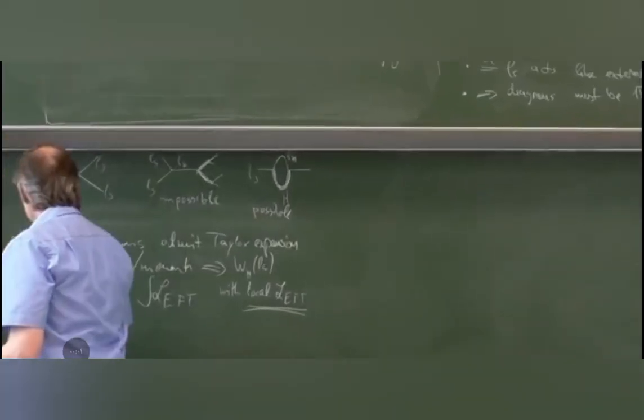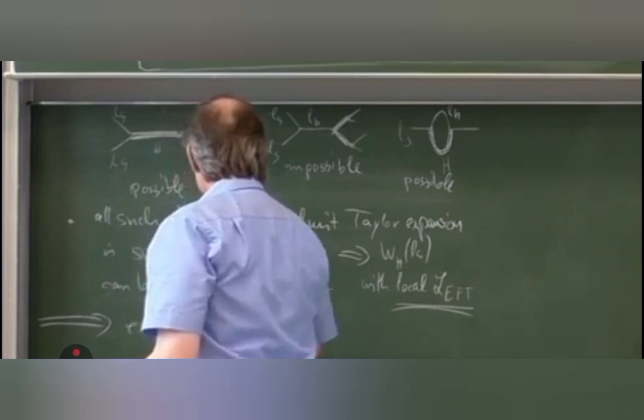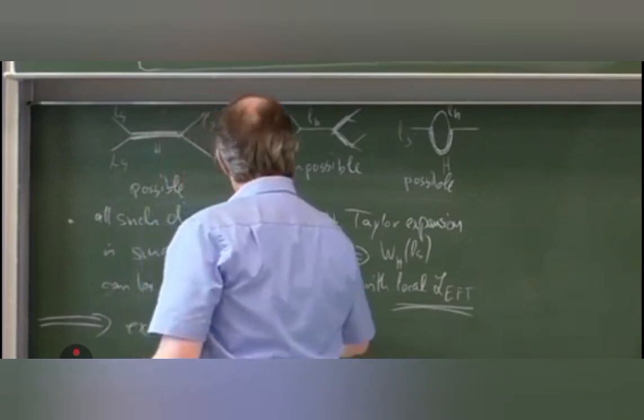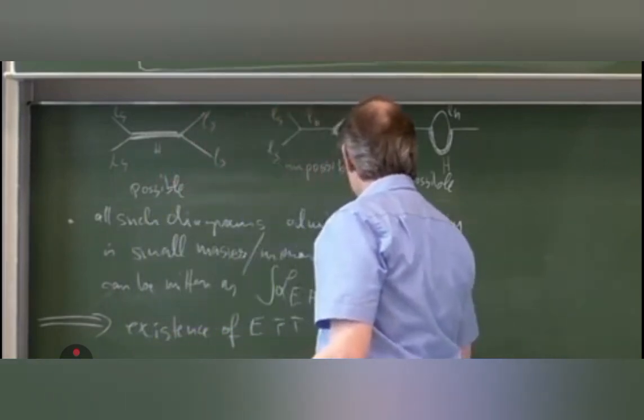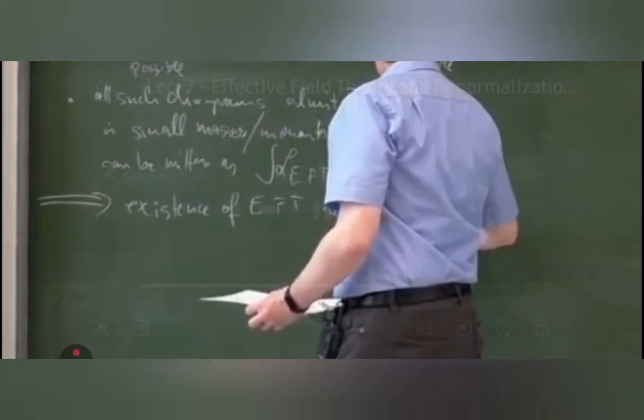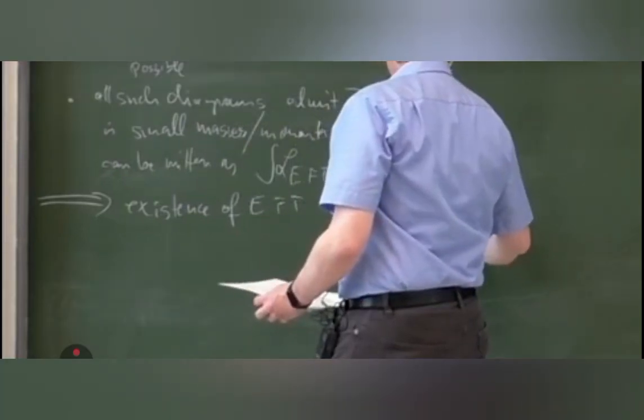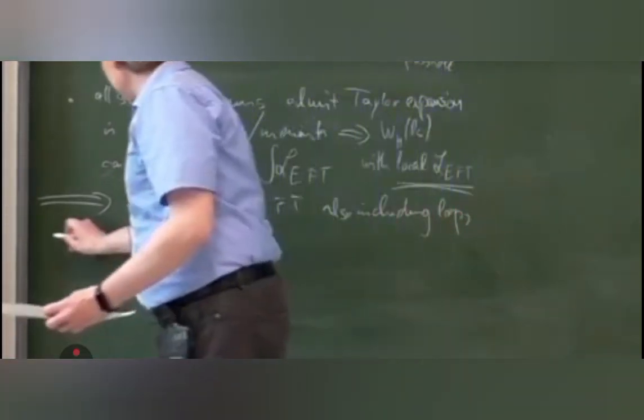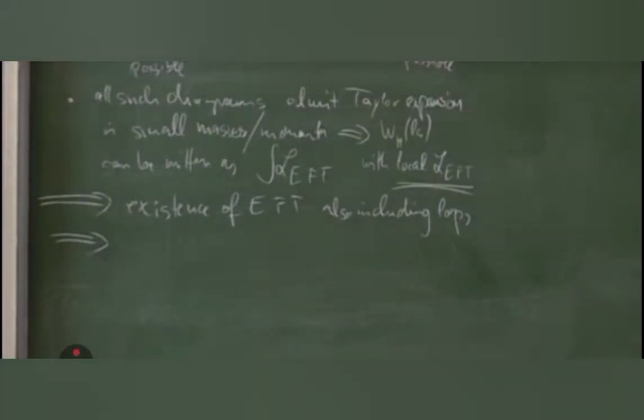So, the outcome of this is, of course, that it establishes the existence of an EFT, also including loops. And probably you also discover a similarity to the method of regions.